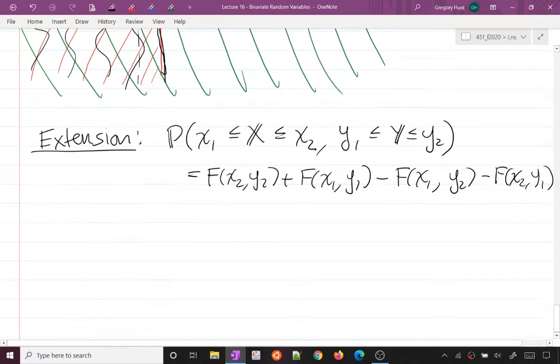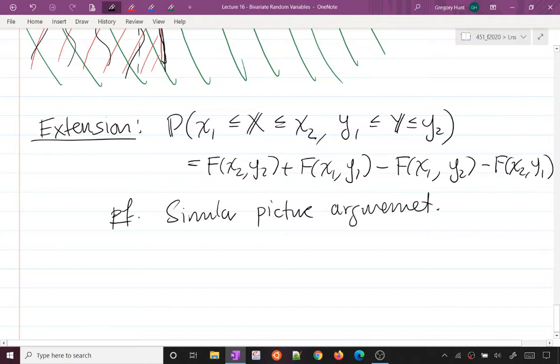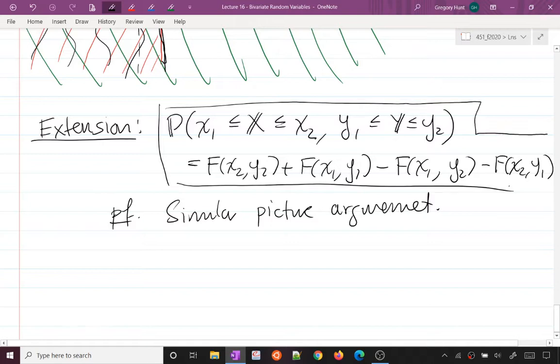That's just subtracting off the right boxes. So let's just write: proof, similar picture argument. And you can come up with other theorems for calculating the probability of various rectangles using the joint CDF.